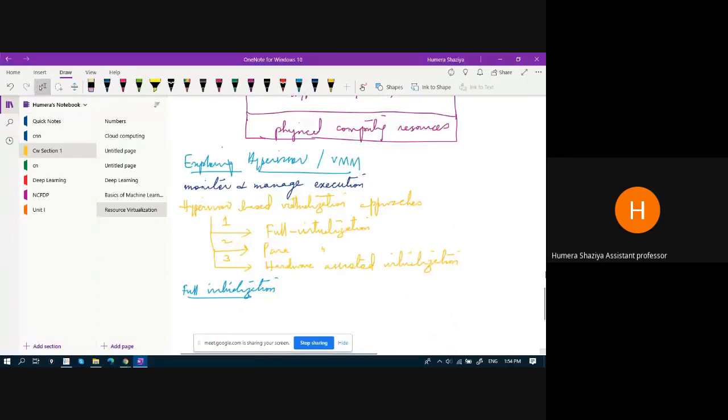Let us look at the figure for this full virtualization.